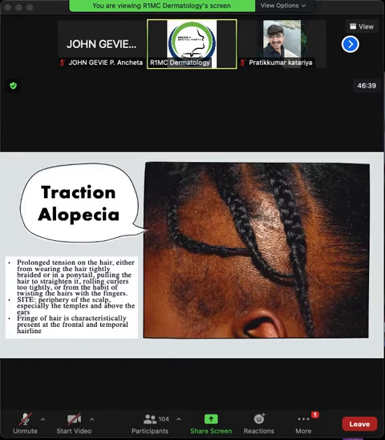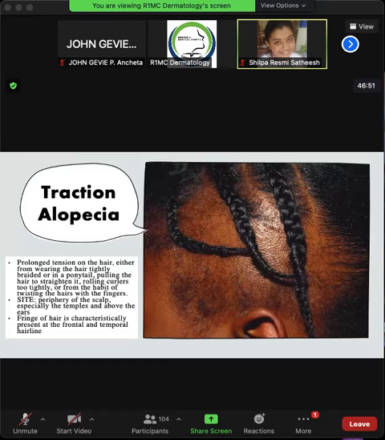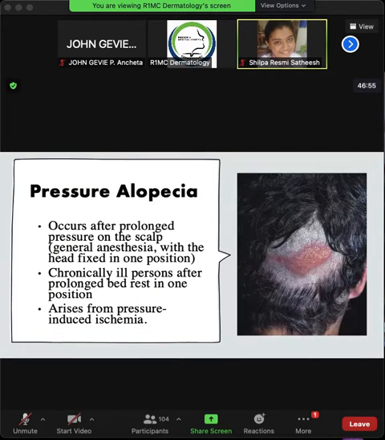Your traction alopecia most often involves the periphery of the scalp, especially the temples and above the ears, but a fringe of hair is characteristically present at the frontal and temporal hairline.